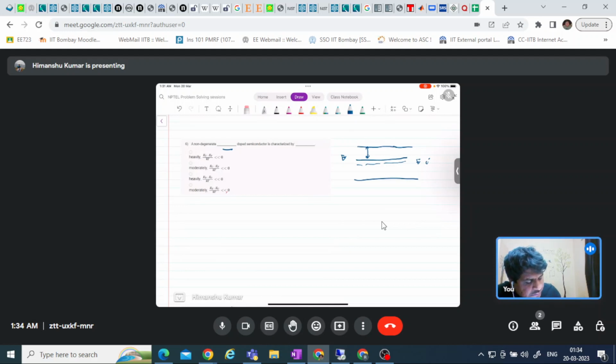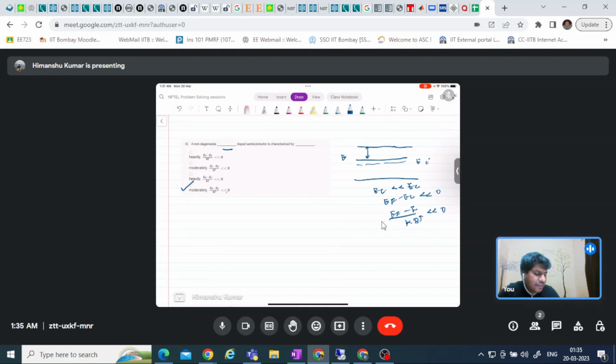We can say that the separation between the conduction band and the Fermi level is very large, or we can say EF is very small compared to EC. So we can write EF minus EC is very small compared to 0, or EF minus EC by kBT is much less than 0, and this is a moderately or lightly doped semiconductor.